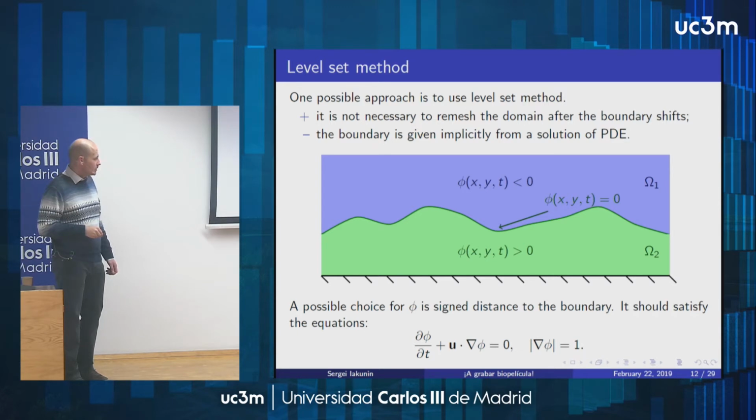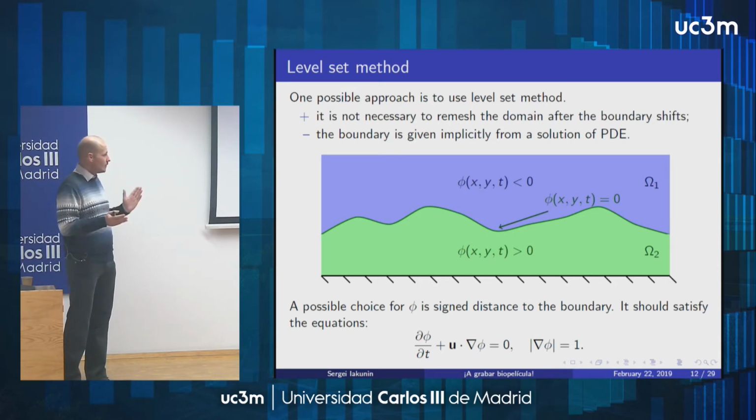And another condition is that the length of the gradient of this function is always 1. It is necessary to make the Levelset function phi equal to the signed distance to the boundary, because during solution of this equation, the change of the levels can be different, and we want to always maintain it at more or less a similar rate.